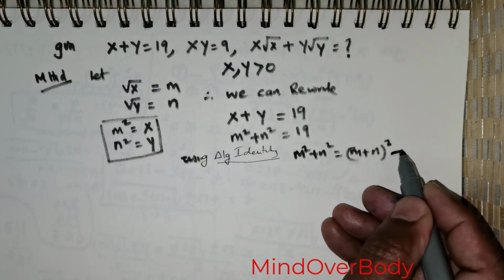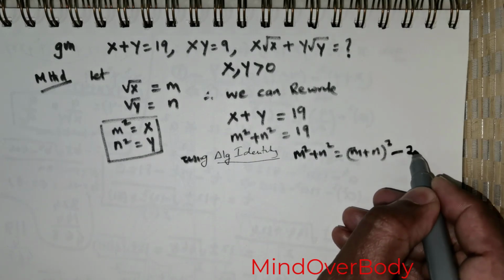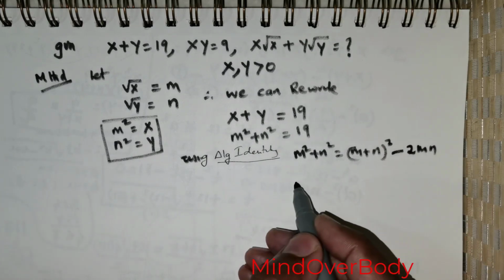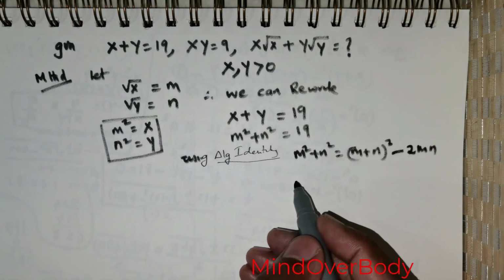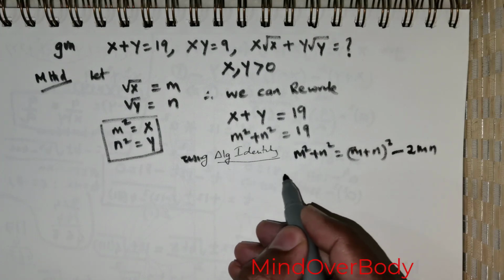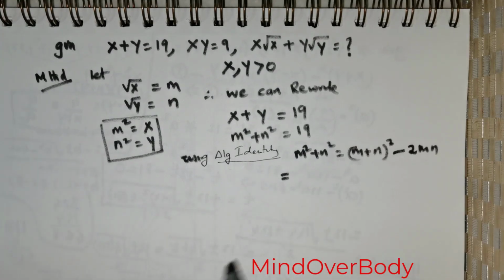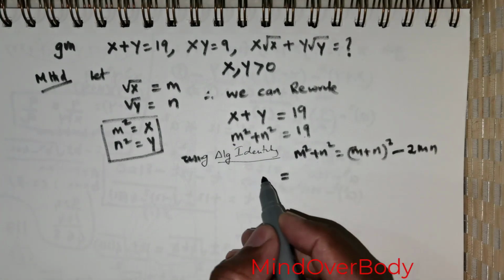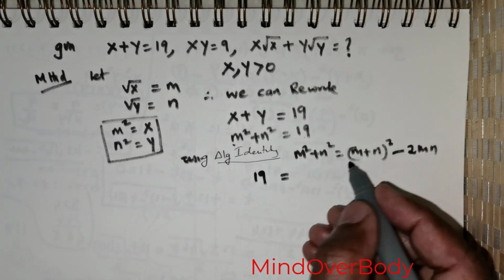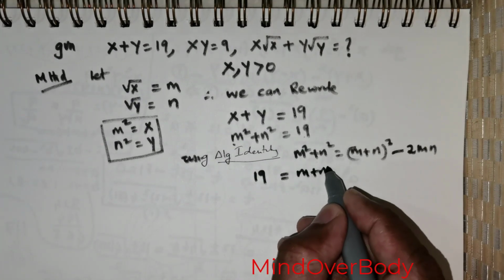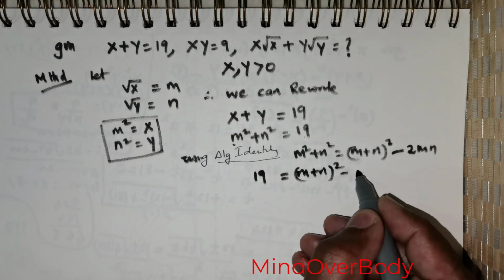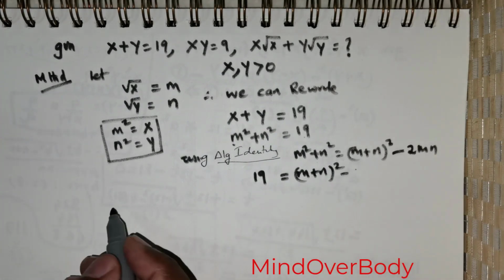So I need to remove that. So I need to place negative 2 times mn. So that's fine. Now I'm going to substitute the values. So m squared plus n squared is 19. So let me place 19 there. Let me retain (m plus n) raised to the power 2 minus 2 times mn.